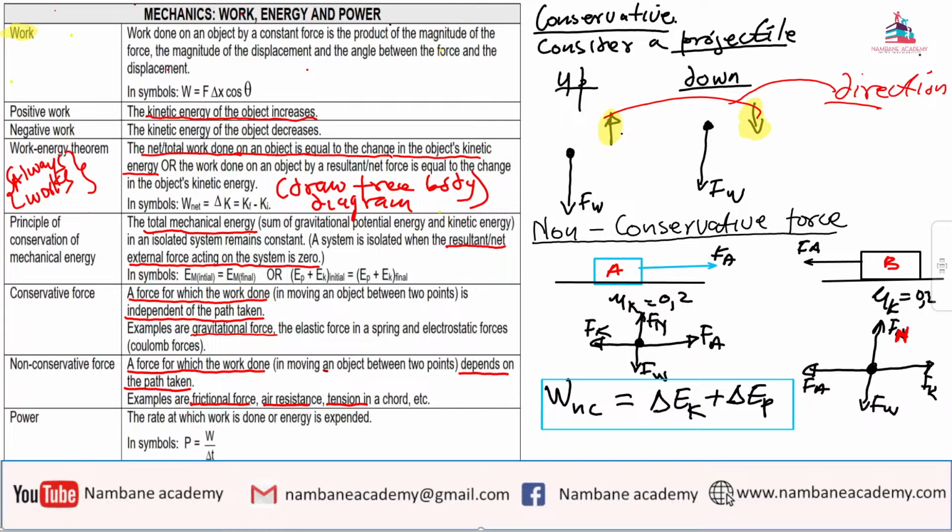So it means if the examiner says use energy principles to calculate whatever, once there's tension, once there's frictional force, I cannot use conservation of mechanical energy, because for conservation of mechanical energy, we agreed that the examiner must say frictionless.